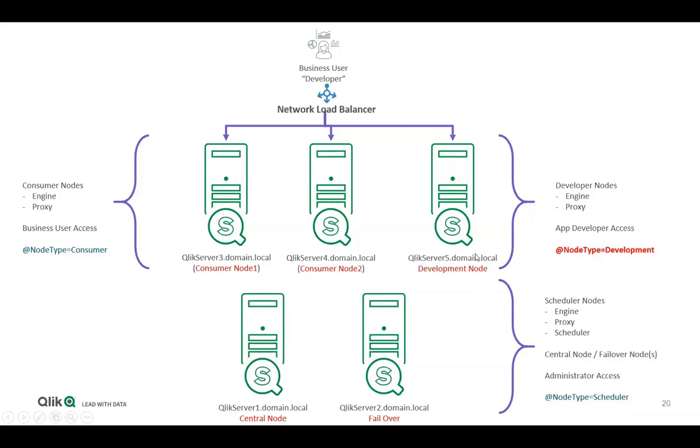The name is just a name, but the custom property is what helps you identify each node's function. So here we create a node type custom property, and we give three values: development, scheduler, and consumer. So we have consumer node 1, consumer node 2, development node, central node, and failover.